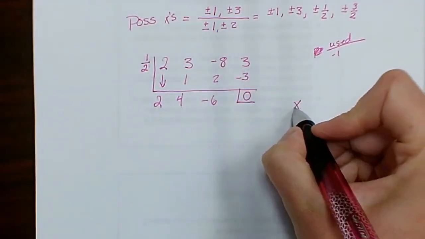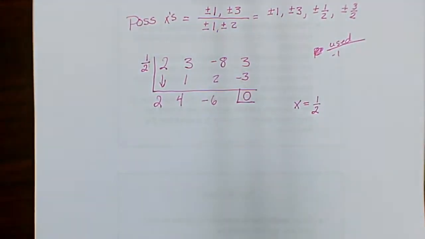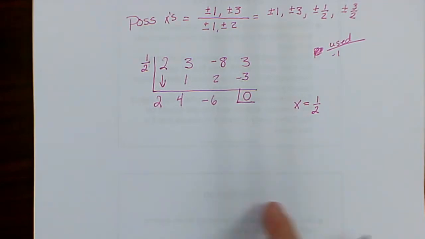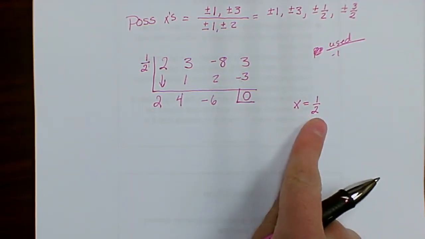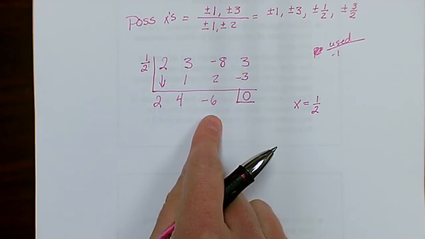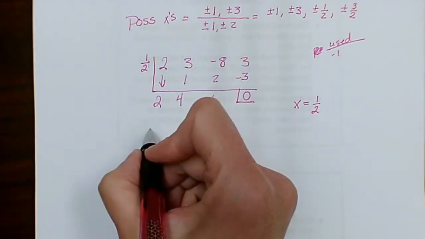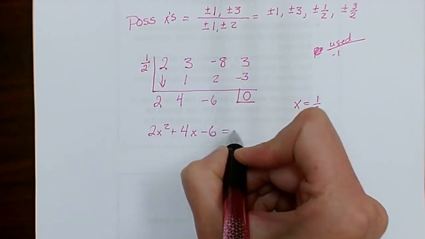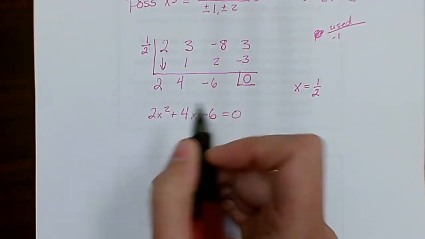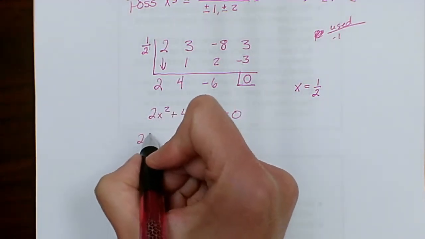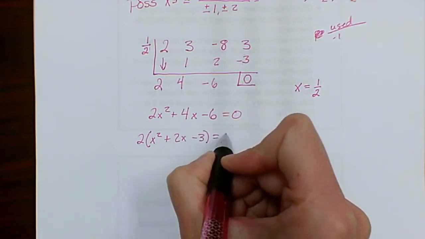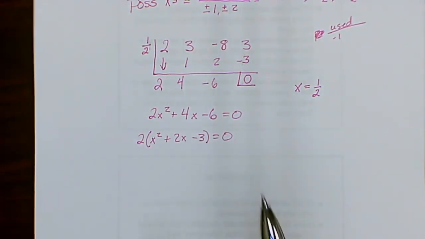So we know that the graph crosses the x-axis at 1/2, 0. Now, to keep working with this, we can take our new polynomial and factor it, since it's now something we can work with easier. So sometimes synthetic division helps you get to something that is factorable.